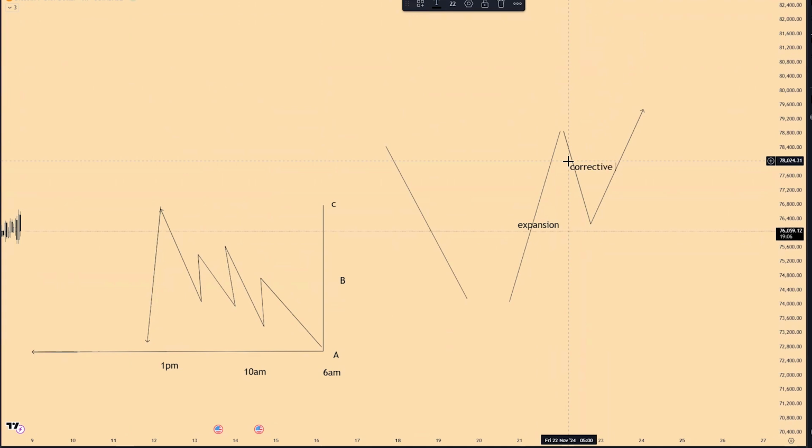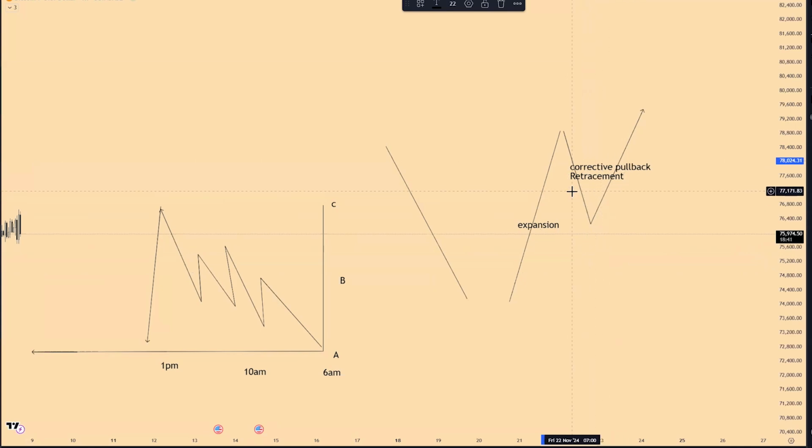Corrective pullback or retracement. So these are parts of the context in which price can be moving.